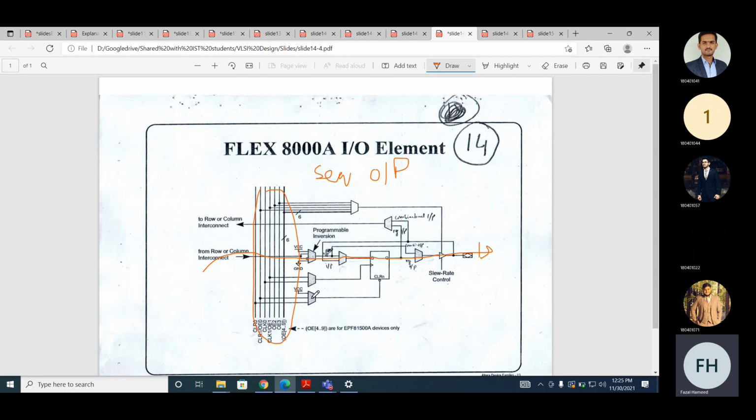There is also a preset and clear logic. So this is the functionality of the Xilinx 800A IO element.